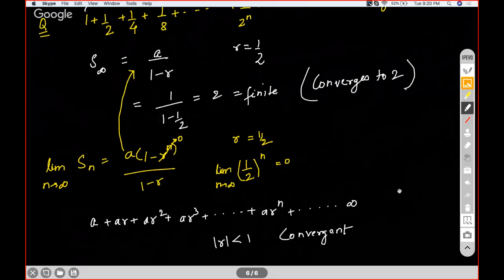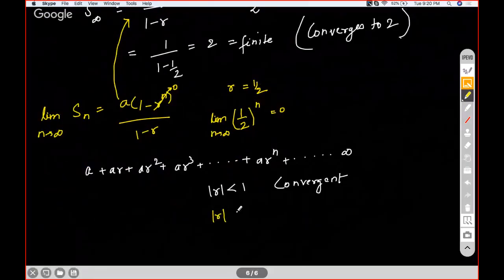And if mod r is greater than, in fact greater than or equal to 1 also, it would be a divergent series. Is that fine? Understood?